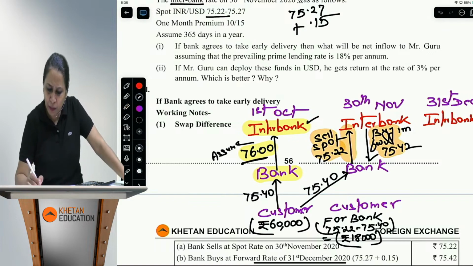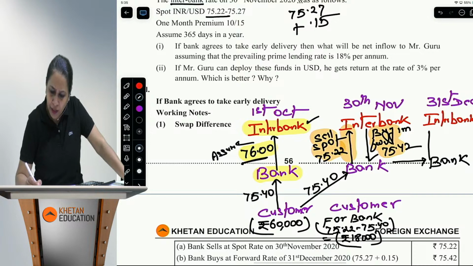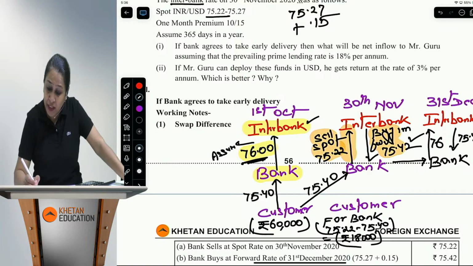Now on 31st December, what will happen? There is a bank again. There is no customer there. The bank will go to the interbank market. It will sell at 76, the original rate, and buy at 75.42, the contracted rate. So what is the cash flow to the bank?